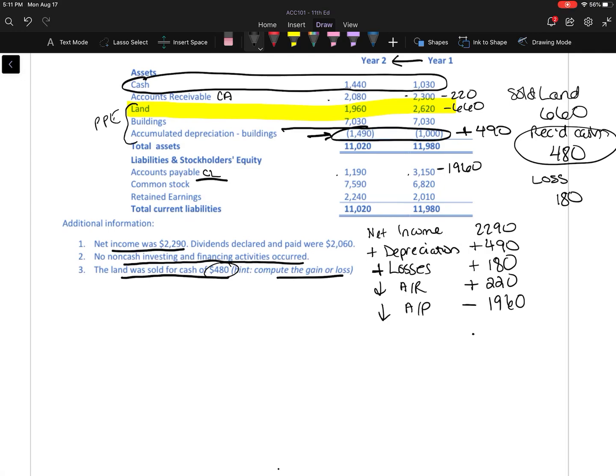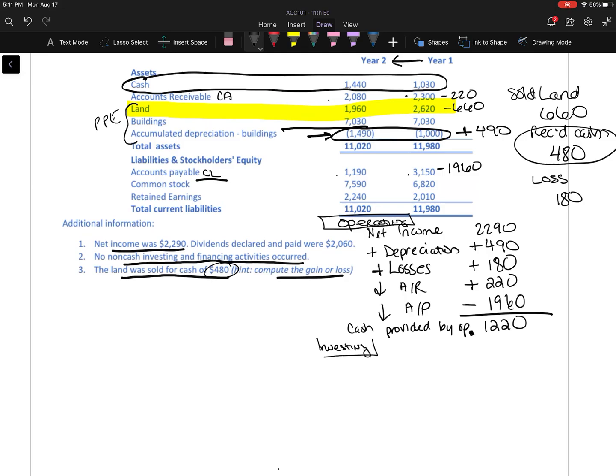That's the only one in this first section that goes with the flow. A decrease is a subtraction. All right, so if I have all my numbers right, I would end up with $1220. It's positive, so that's cash provided by operating activities.